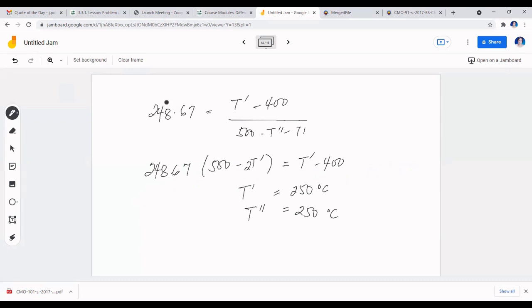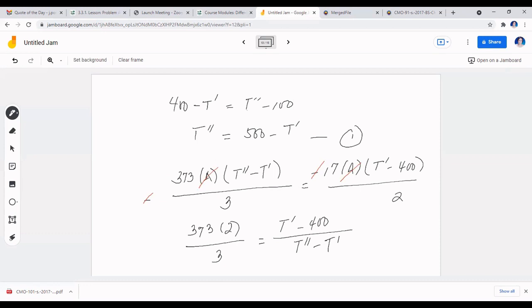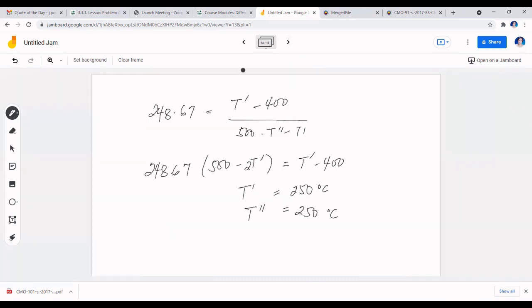Okay, so we have 248.67, this one here. And the T double prime in here was changed to this one, 500 minus T prime. So I changed it by the way already. So this should be 500 minus T prime, because I changed it here already.